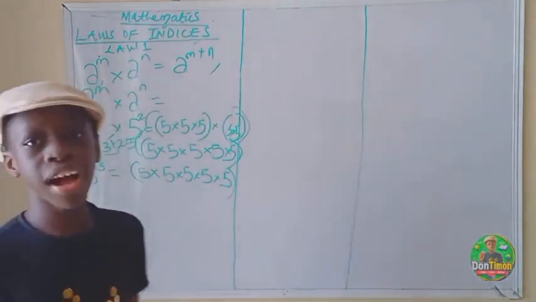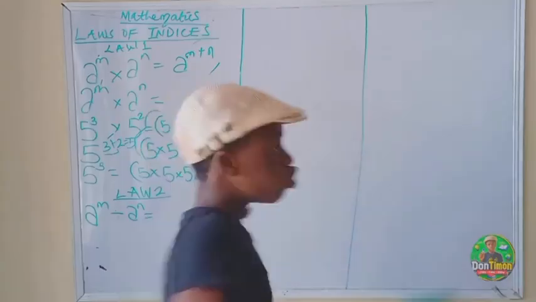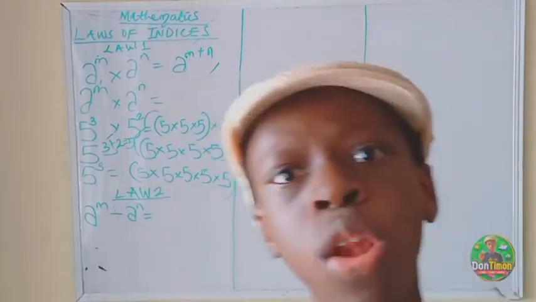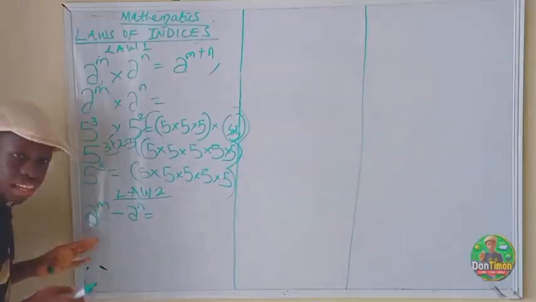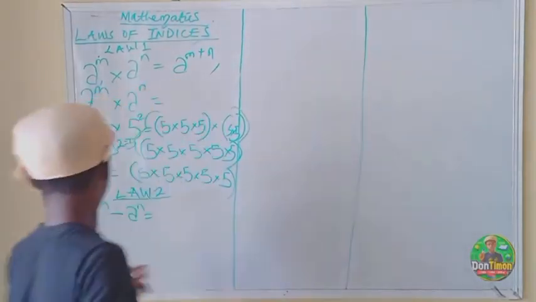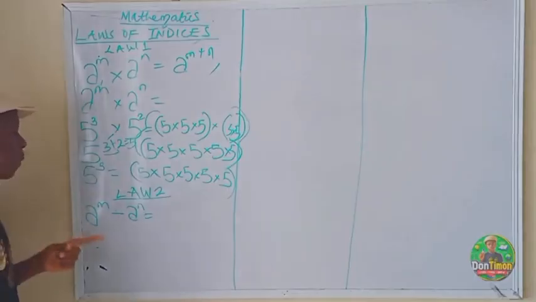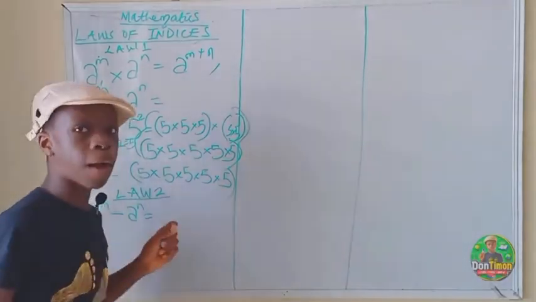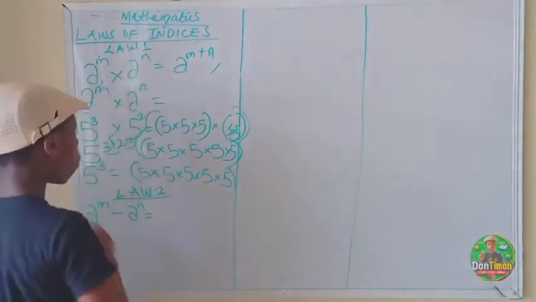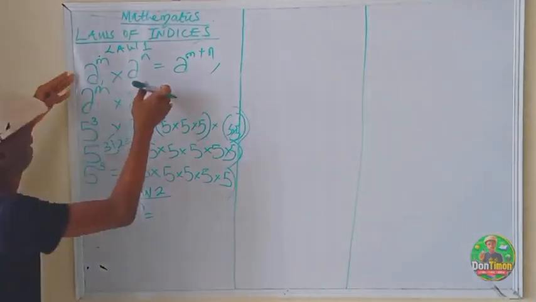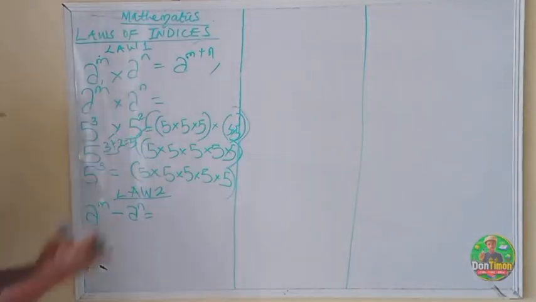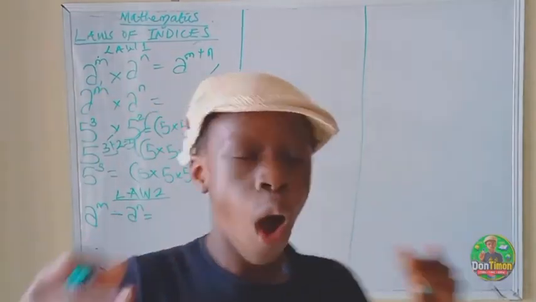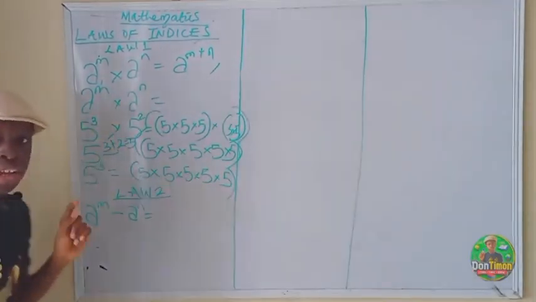Now, let's move over to law 2. As the law states, A raised to the power of m divided by A raised to the power of n gives what? Let me use this as an example to clear up what the law states.